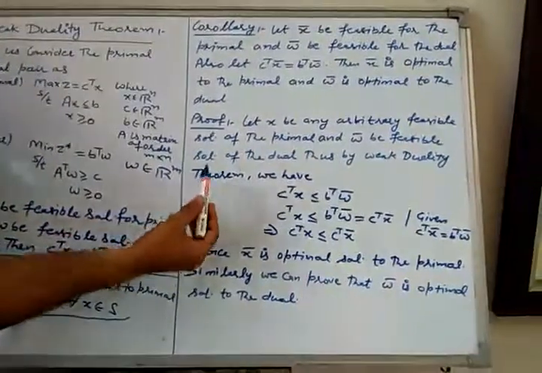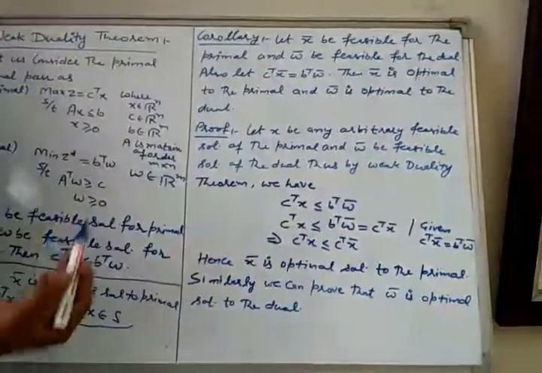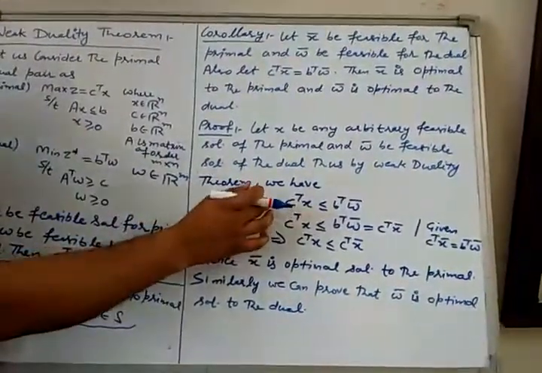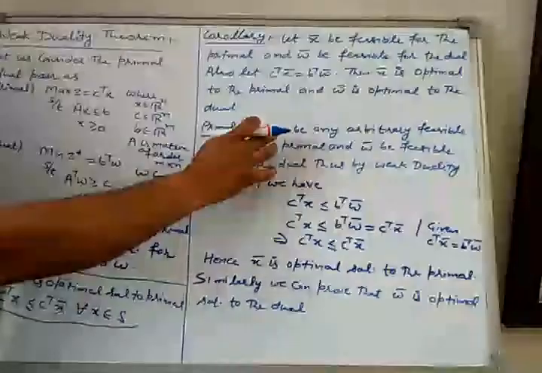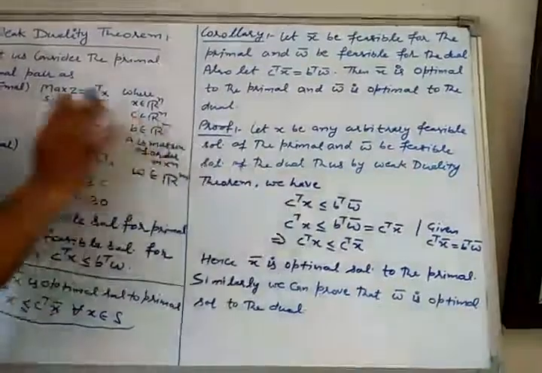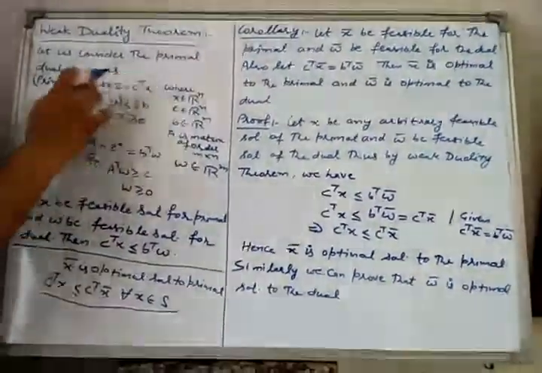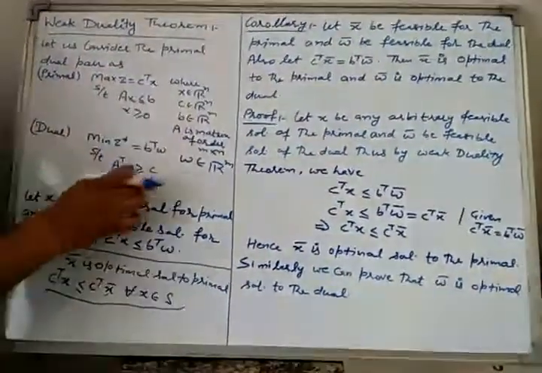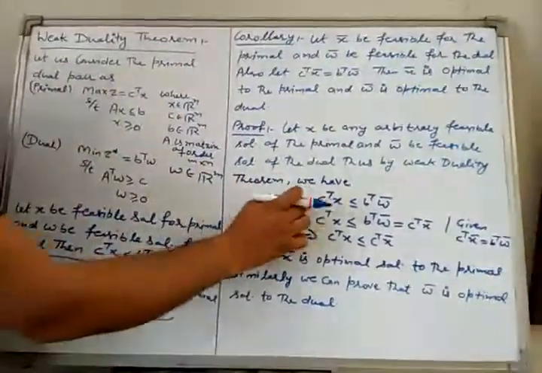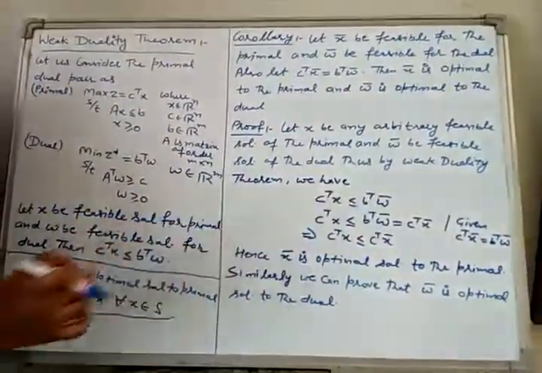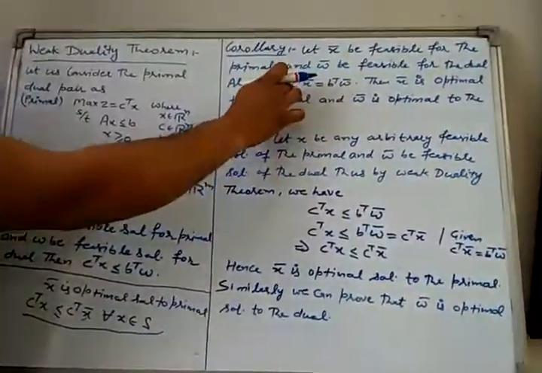What does the weak duality theorem state? Corresponding to this type of feasible solutions, the maximum value of the objective function cannot exceed the minimum value of the objective function. That is, the value of the objective function for the maximization problem is always less than the value for the minimization problem: C transpose X is always less than equal to B transpose W. Now it is given that B transpose W bar is equal to C transpose X bar.